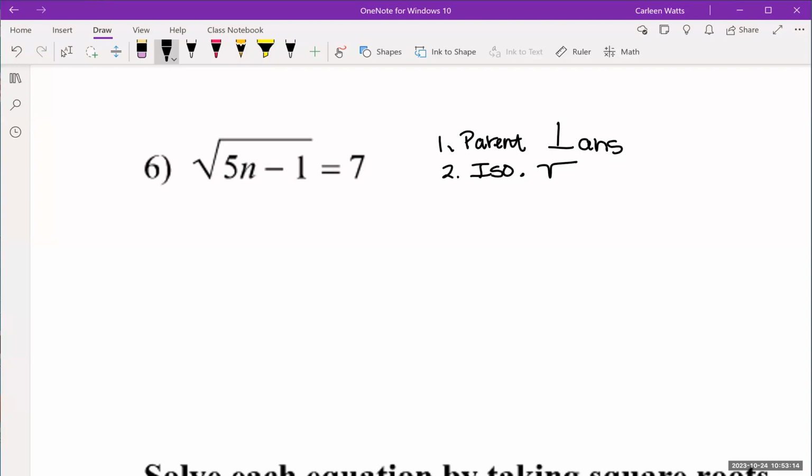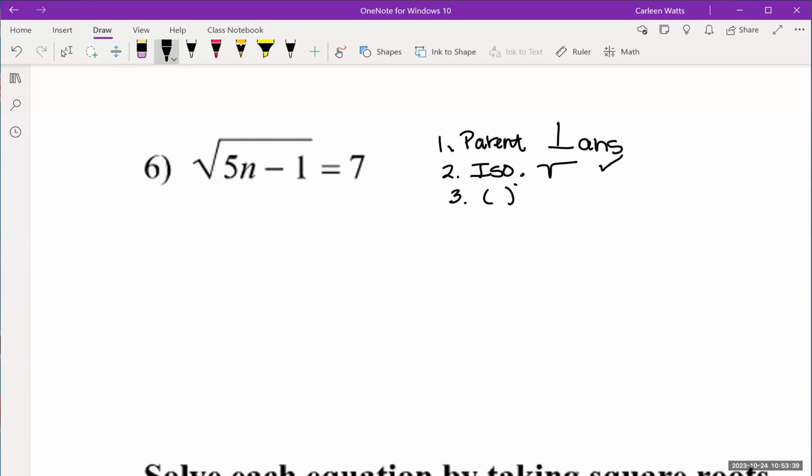Is there anything outside the square root that can break away? Anything outside the square root that I can get rid of? Do you see that that's a no? I cannot add 1 because it's locked in that house. Okay, there is no isolating to do. What's the next step?